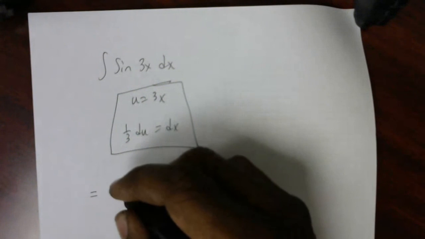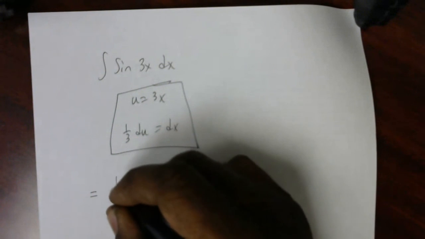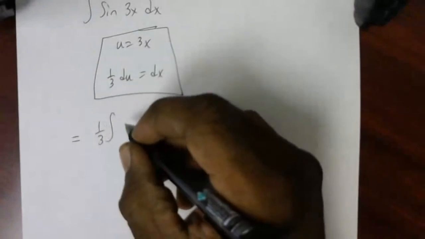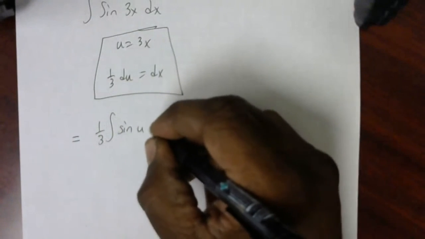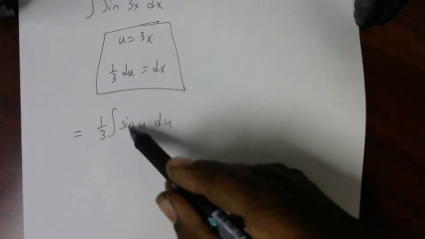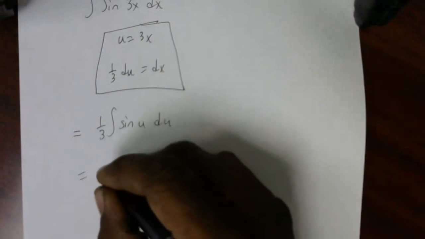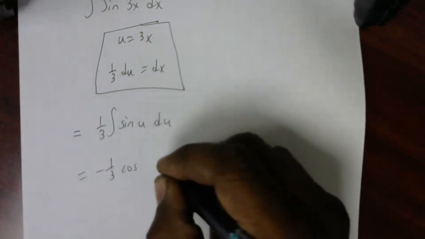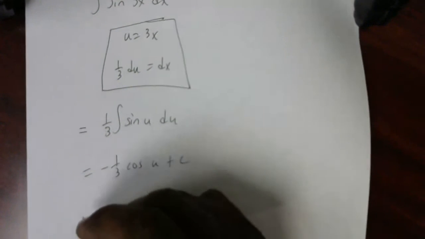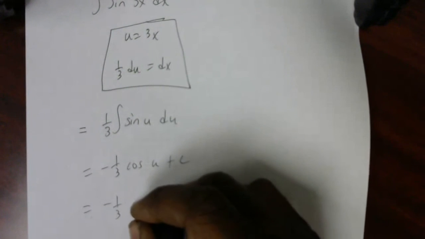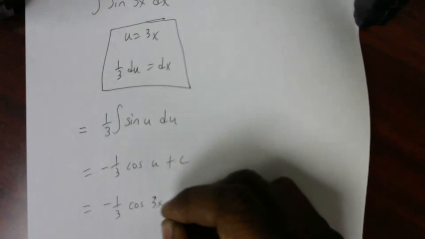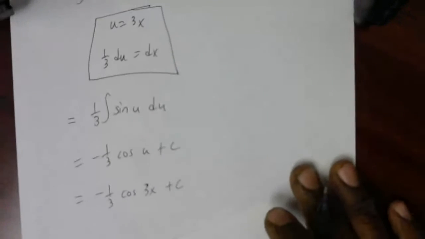So this is equal to 1/3 times the integral of the sine of u du. The integral for sine is negative cosine. So we have negative 1/3 cosine 3x plus c.